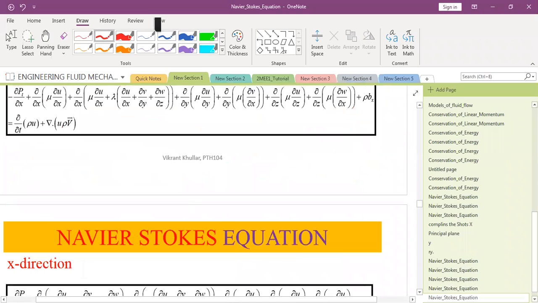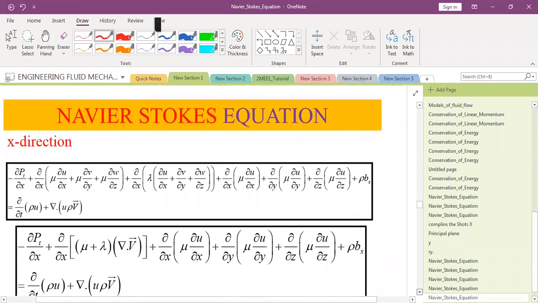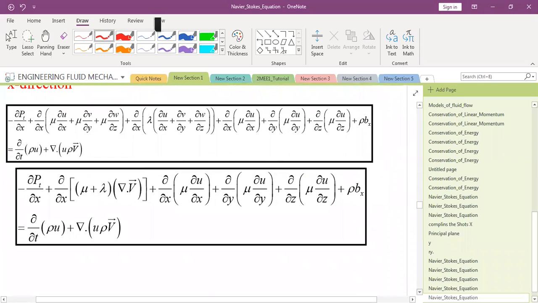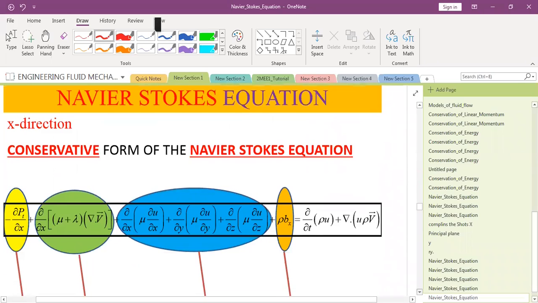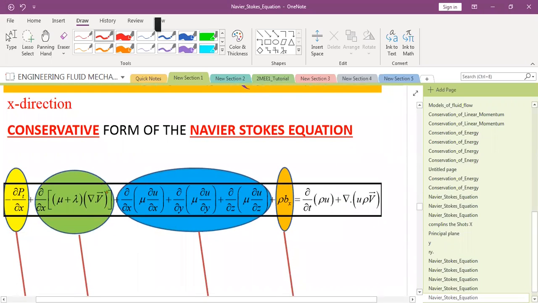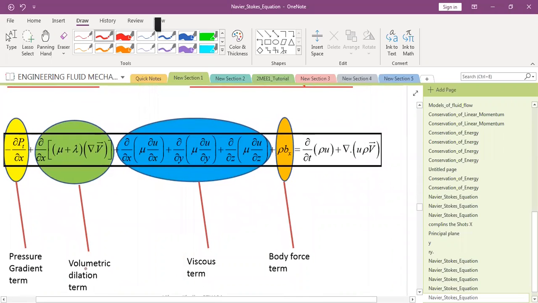After certain mathematical manipulations that you can also try at home, we get this as the final equation in x direction. These terms have been given special names. This is called the pressure gradient term. This is called the volumetric dilation term.